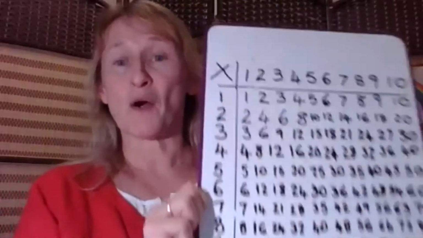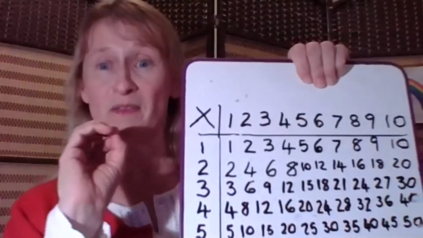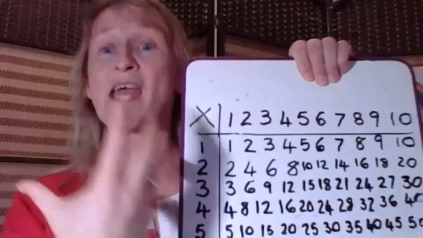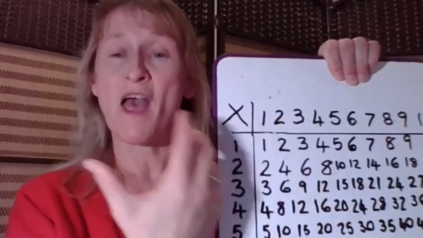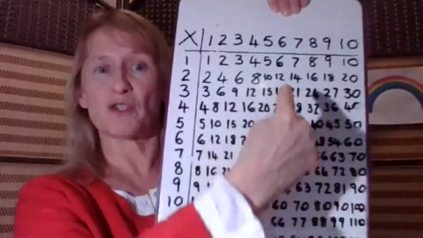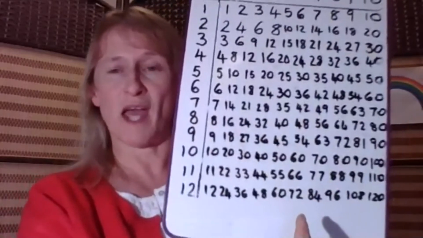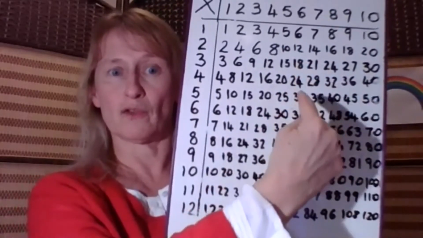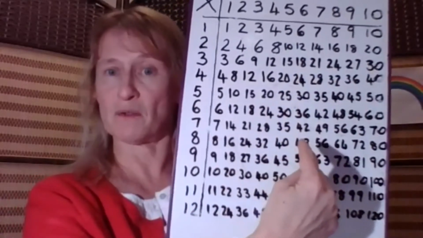Okay. So I don't need to say multiples again. Those are the multiples. So if I ask you to write down 5 multiples of 6, then you just need to look down there and give me 5 of those, okay?